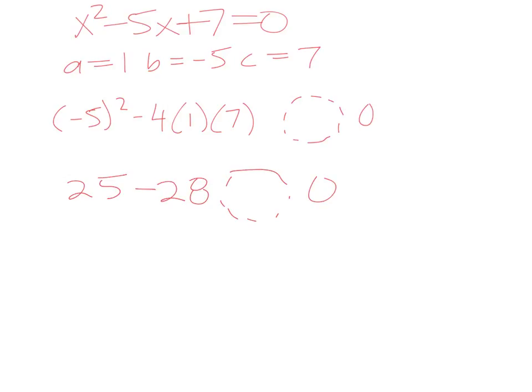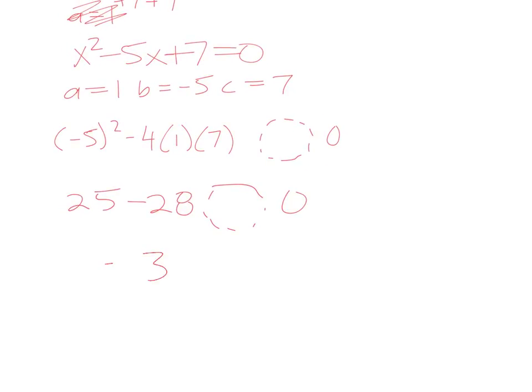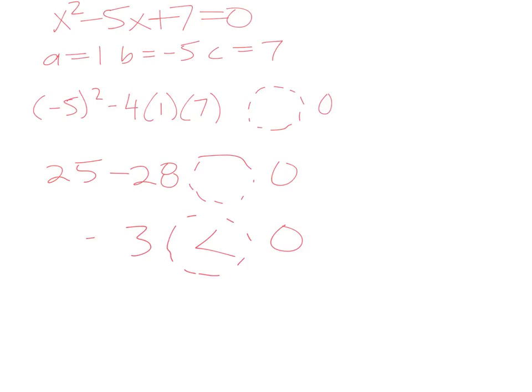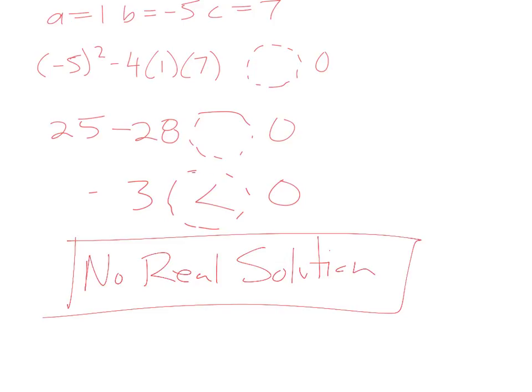Then I have negative 3. And so I have negative 3 compared to 0. It's less than. So since it's less than, that means there is no real solution. All right. Just as a little side note, if it was equal to, that means there's one solution. If it's greater than, that means there's two solutions.